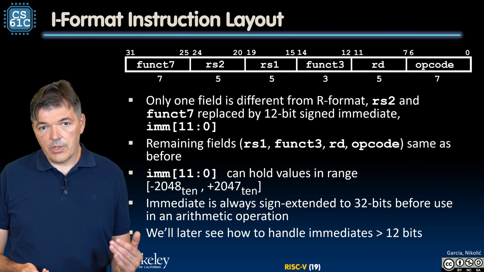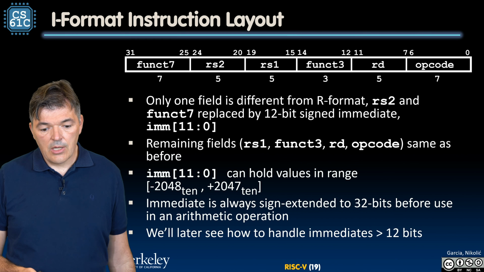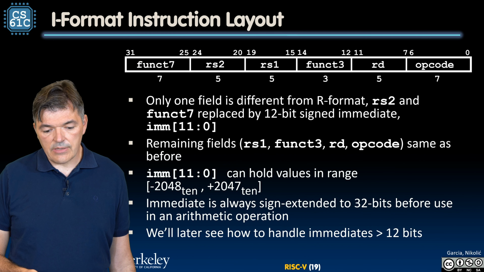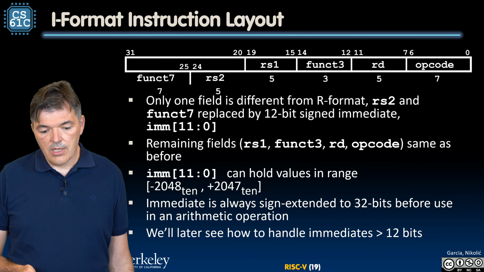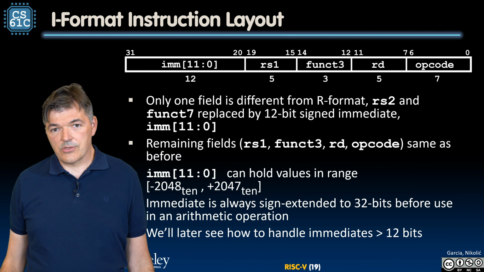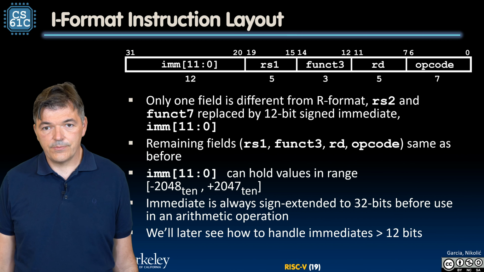What are we going to do in the I-type instructions? We already agreed that we're going to repurpose the RS2 field, but we are going to add the func7 field to that. So we drop that and make one 12-bit field that is going to store the immediate value.